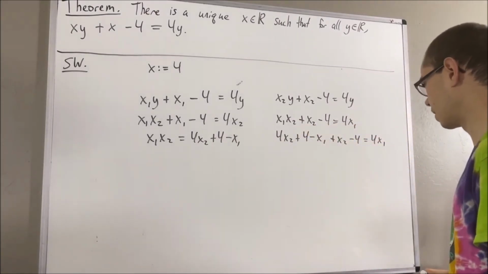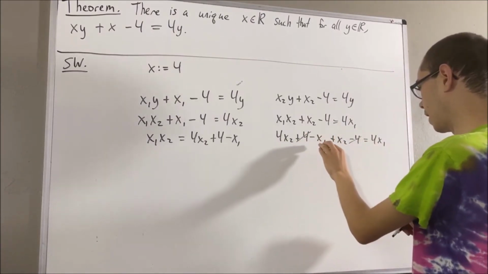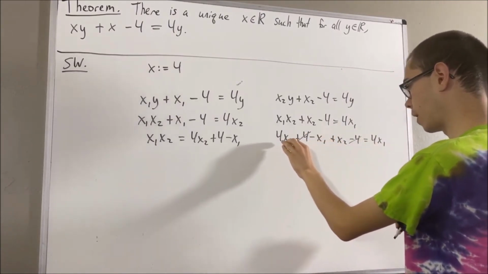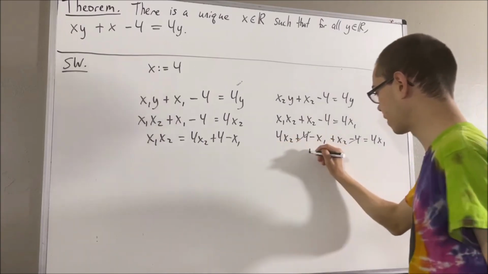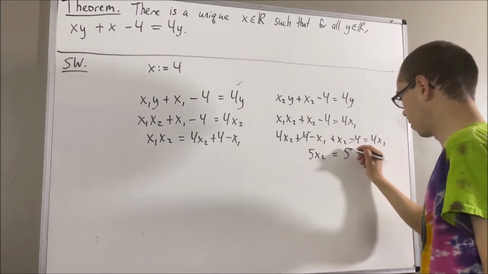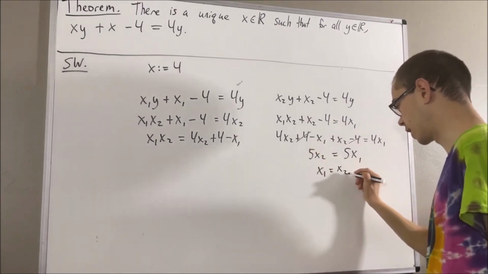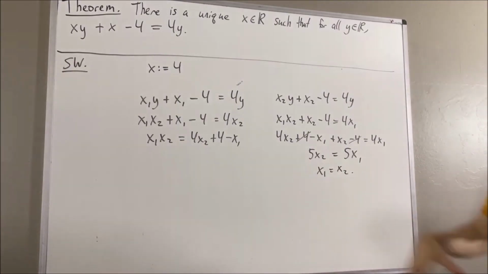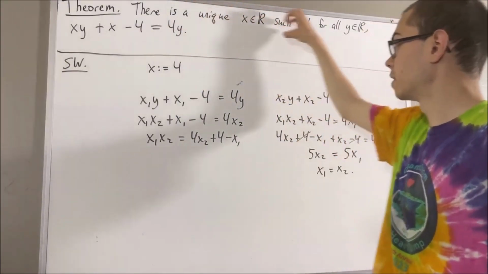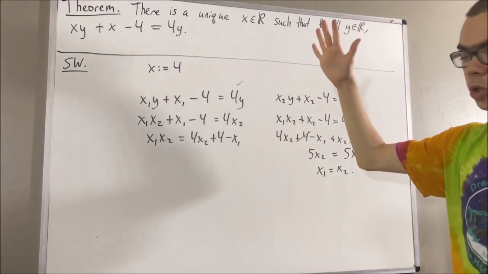But now we see that the 4's will cancel out, and we have 4x2 plus x2 gives us 5x2. We can add the x1 to the other side. That gives us 5x1, dividing by 5 on both sides gives us x1 is equal to x2. So it seems like we have a derivation to show that this theorem is actually true. So now, let's go into the proof.